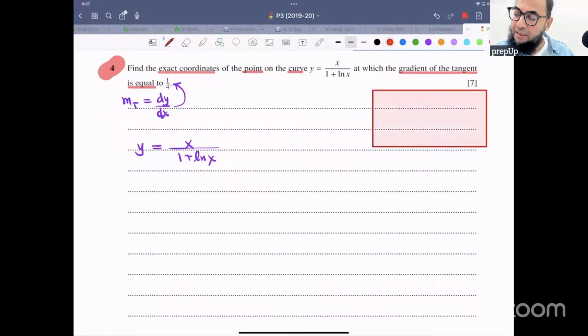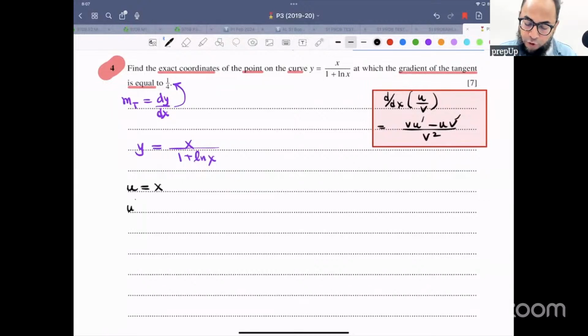That is the derivative of u over v is equal to v u prime minus u v prime, all over v square. Keep that in mind. So u is x, u prime is 1, v is 1 plus ln x, v prime is 1 over x. Derivative of 1 is 0, derivative of ln x is 1 over x.